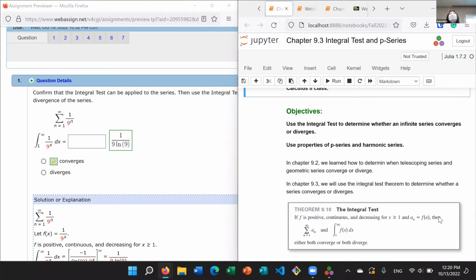So we need a tool to figure out whether an infinite series converges or diverges. Like number 1, this one you happen to know what it is. This happens to be a geometric series. So you know this will converge because the ratio is 1/9, which is less than 1.